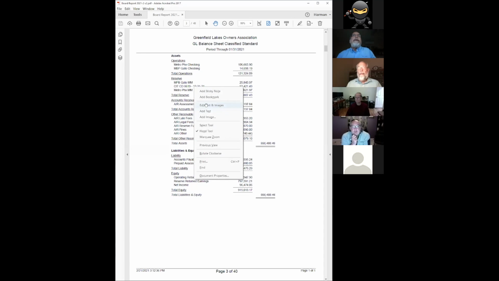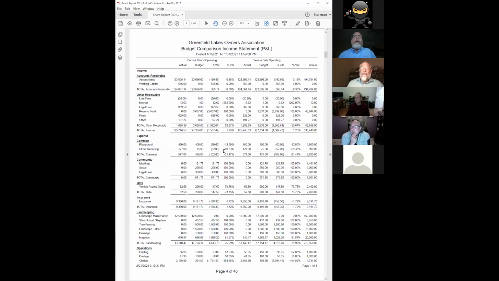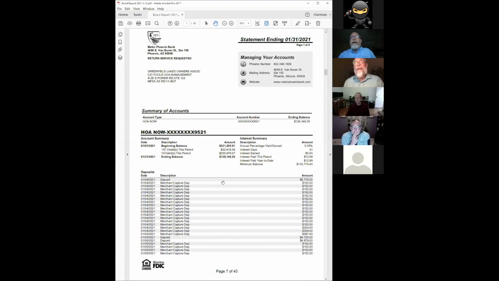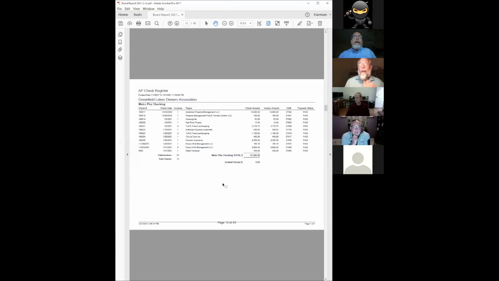Any other questions? Yeah, I'm down in the reconciliations, other debits. Page 6 of the P&L? No, I'm down in the checkbook. Check register page 6? Yes. That's 13 of 40, but that's the check register.